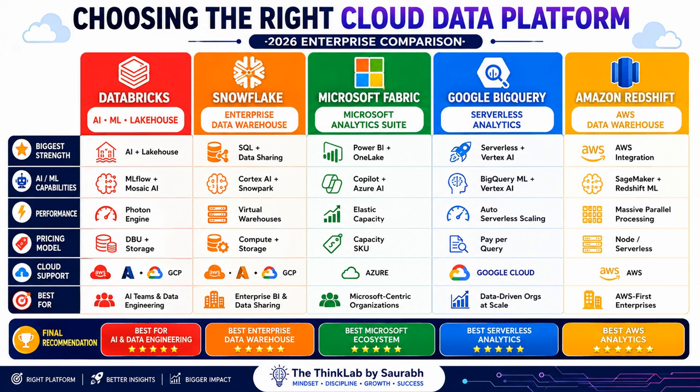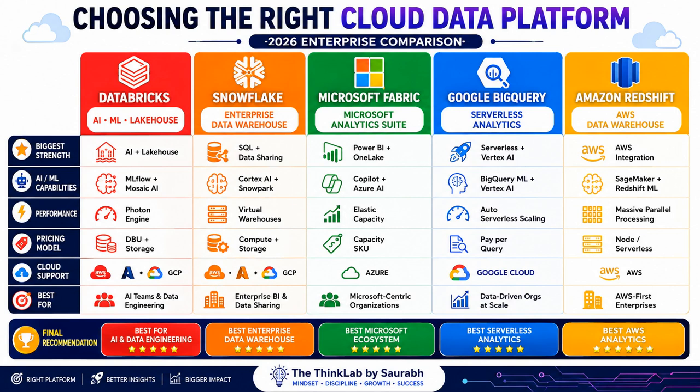The storage layer is built on the data lake, which provides ACID transactions and reliable data management. For computation, Databricks uses Apache Spark, a distributed computing engine capable of processing terabytes and petabytes of data across hundreds of machines.